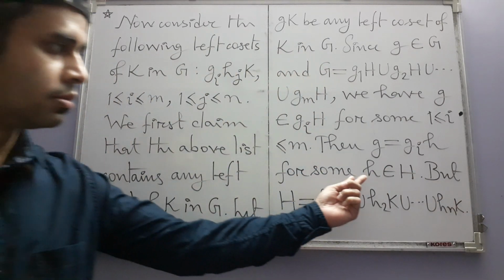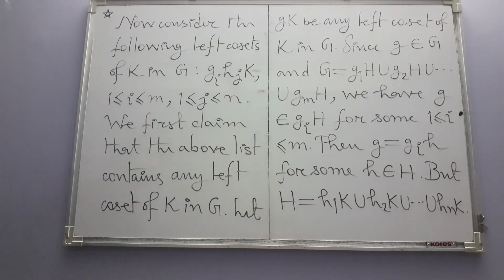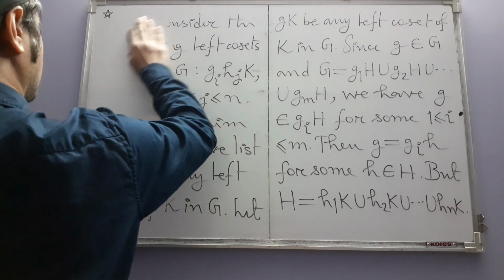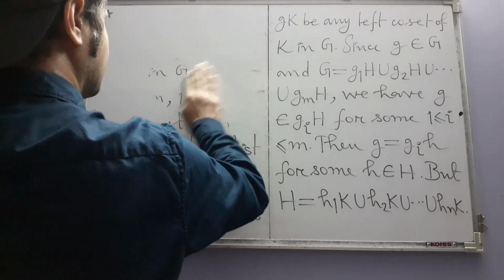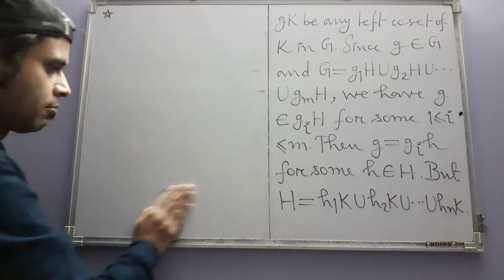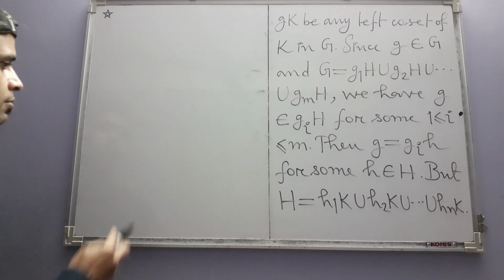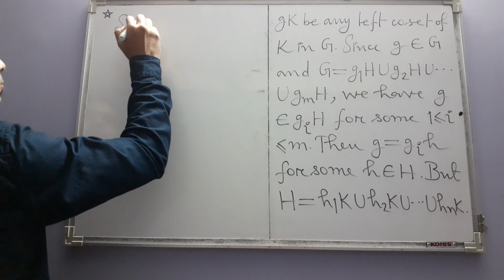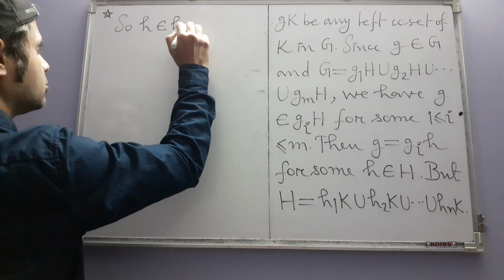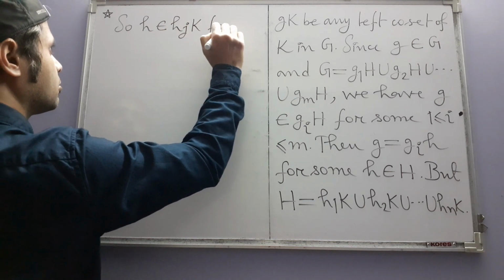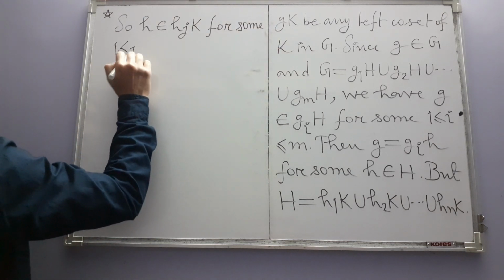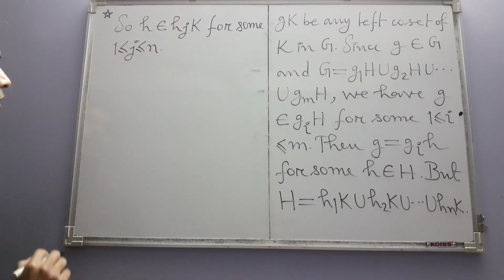So this h will belong to one of them. So h belongs to hjK for some j in this range.